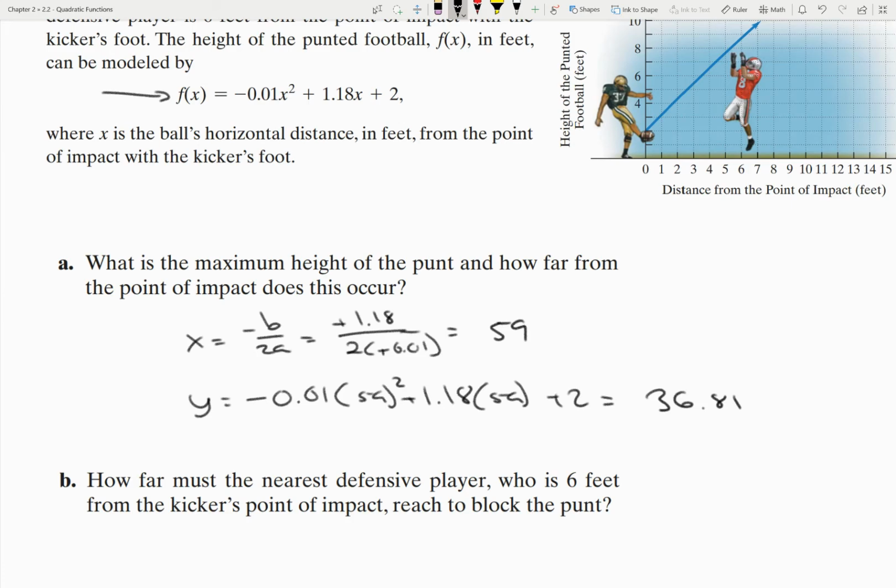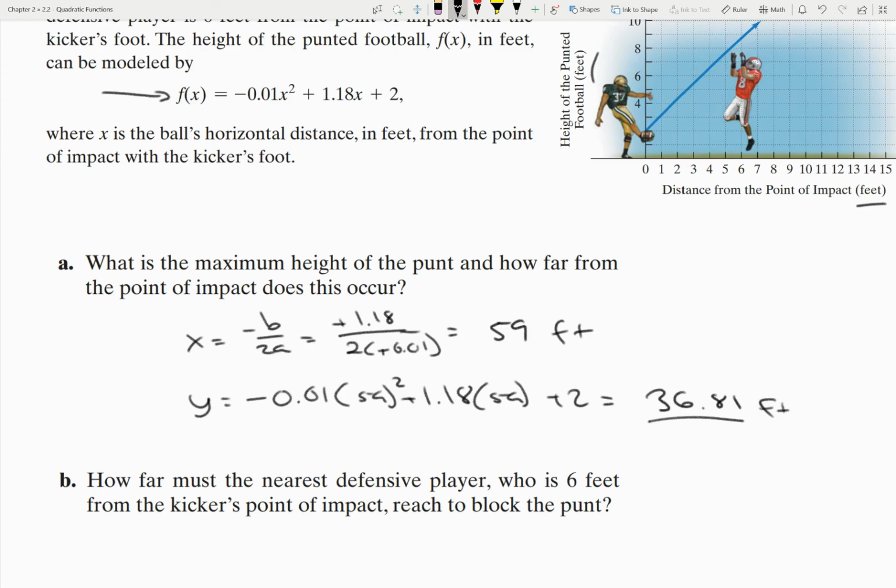Okay, so that means that the maximum height is, and we're talking about feet here, 36 feet or 37 feet, and it occurs 59 feet down the field, 59 feet away from the kicker. Okay, because that's the x coordinate, distance from impact, y coordinate, height of the punted football.